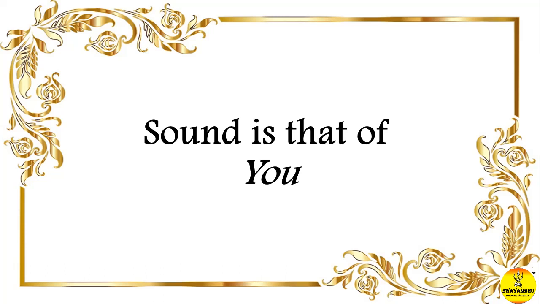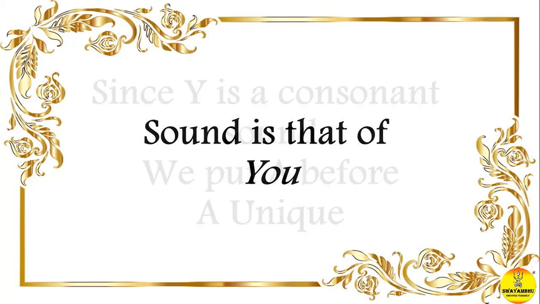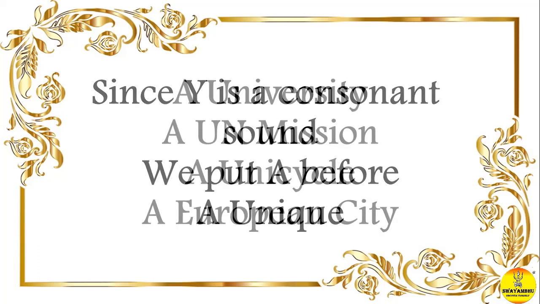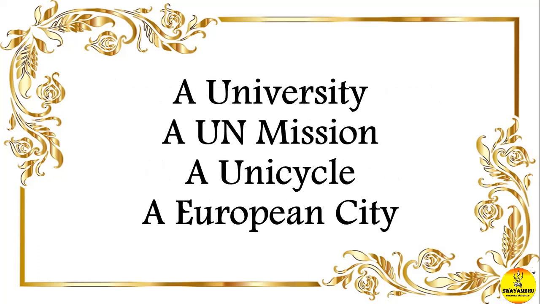So the sound that we get of these words is Y-O-U. Since Y is a consonant sound, we put a before them: a unique, a university, a UN mission, a unicycle, a European city.